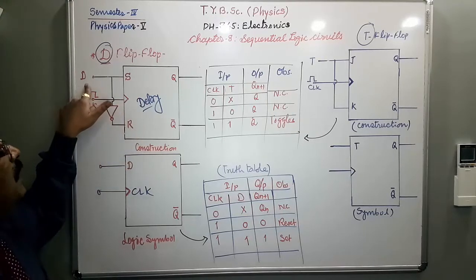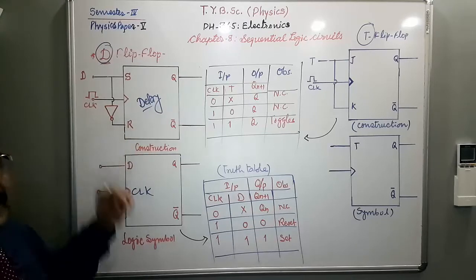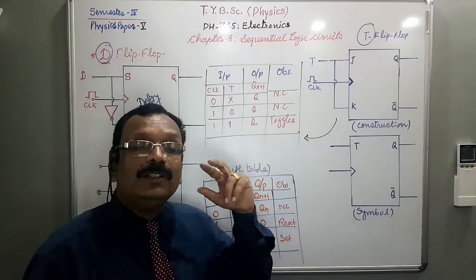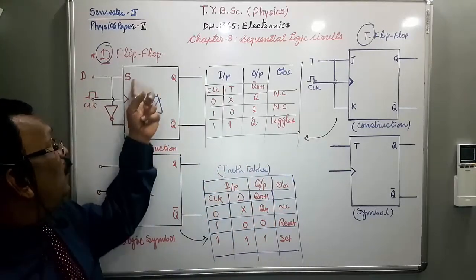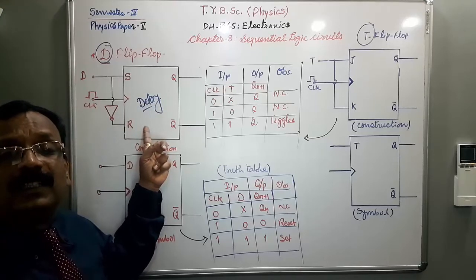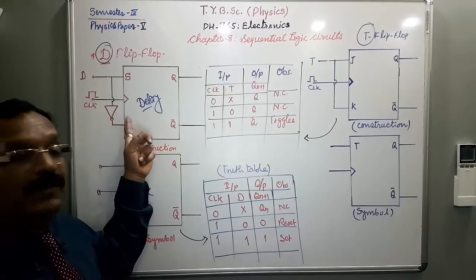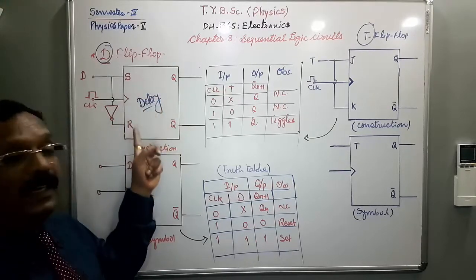And when D is equal to 1, at that time S is equal to 1 and R is equal to 0, and vice versa. So I am telling you that the working is similar to the working of RS flip-flop, but the 0-0 and 1-1 inputs are not possible because of this inverter. When S is equal to 0, R is equal to 1, and when S is equal to 1, R is equal to 0.